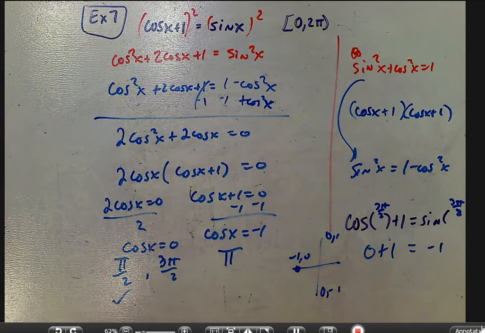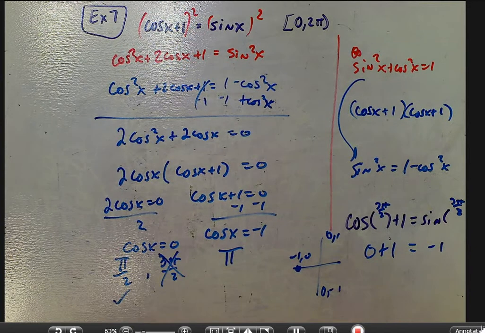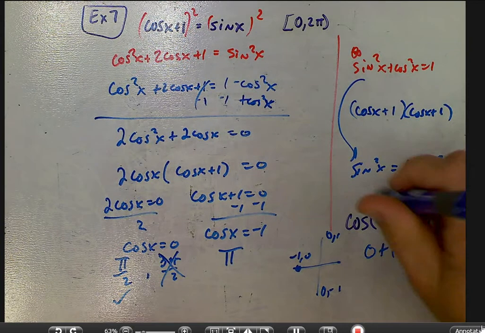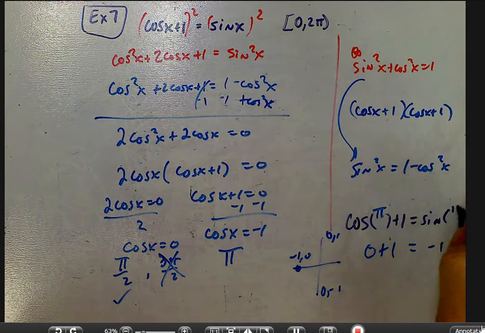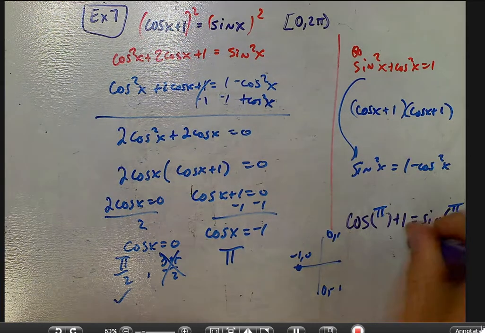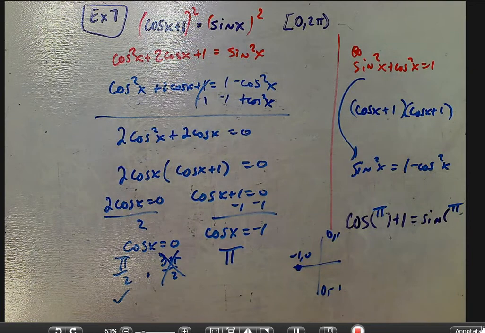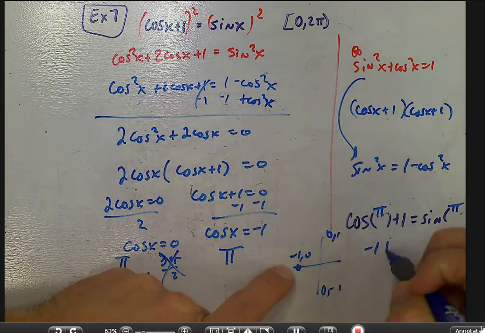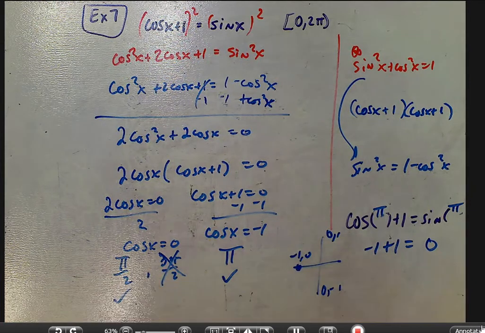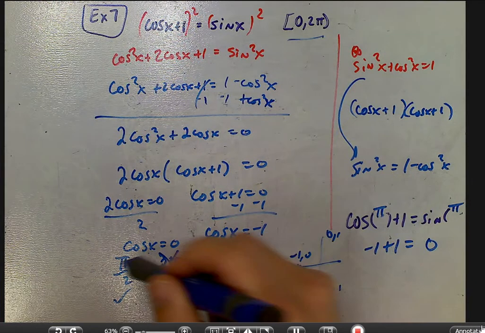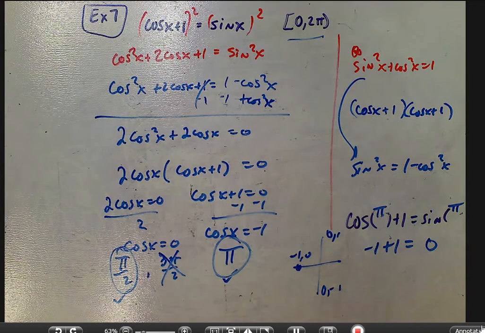Well, that's not true, so we cross that one out. And now we're going to put in the pi, our third answer. Cosine of pi is negative 1, so negative 1 plus 1 equals the sine of pi, which is 0. Yes, that checks out. So I have two answers over the interval 0 to 2 pi: pi over 2 and pi. The 3 pi over 2 turned out to be extraneous.